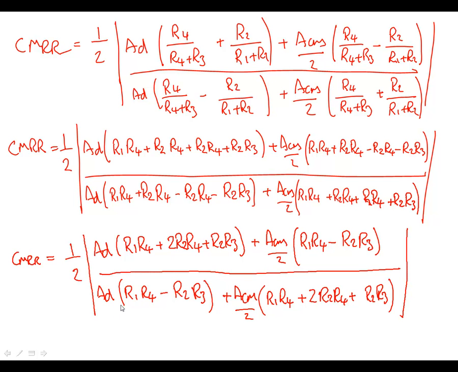What we're going to need to do now is make a little bit of a leap here in this term. Let me explain. If we divide in the numerator by R1 R4 minus R2 R3, this term here has that as the denominator, and this term is 1, ACM over 2.